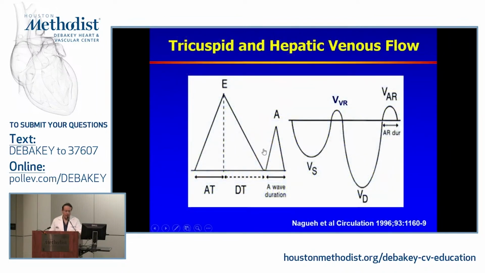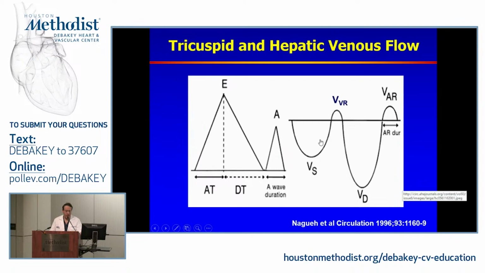Hepatic vein flow and mitral inflow: similar to tricuspid inflow and hepatic vein flow, similar to mitral inflow and pulmonary veins, you look at the E to A ratio. Again, in normal individuals, you can have a high ratio and their RAP is normal. In diseased hearts, the higher the ratio, the higher the right atrial pressure.